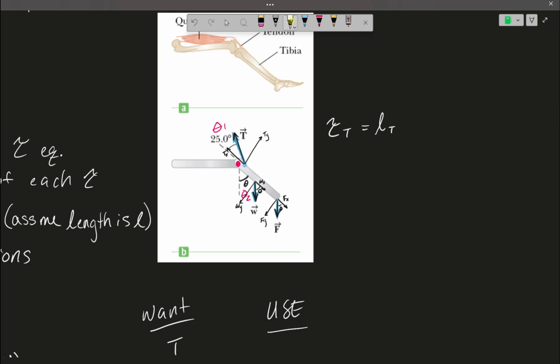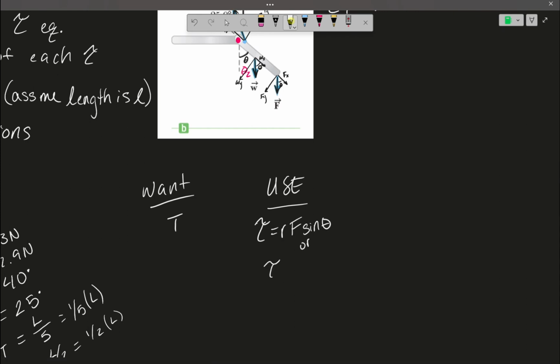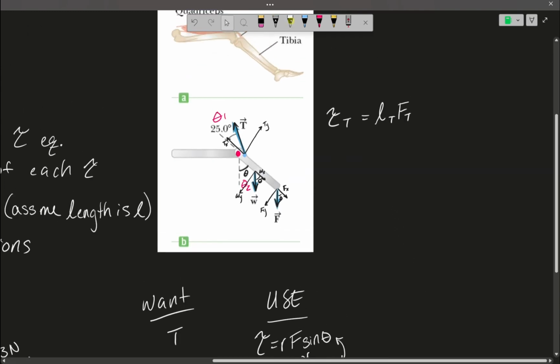I will have my force of tension, and then I need to figure out whether I'm going to use sine or cosine here. So I'm using torque is equal to RF sine theta, or torque is equal to RF cosine theta. Which one of these depends on the location of the angle in your triangle.